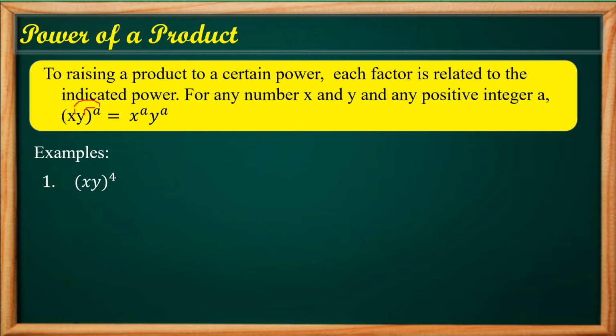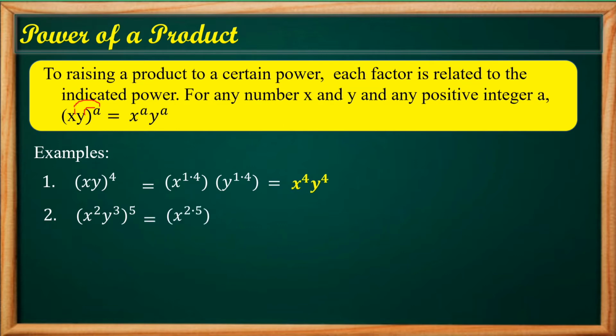Example, (xy) raised to the power of 4. Simply, we have an exponent of 1 multiplied by 4, then for y, an exponent of 1 multiplied by 4, so you will have x raised to 4, y raised to 4. The second one, (x squared y cubed) raised to the power of 5.